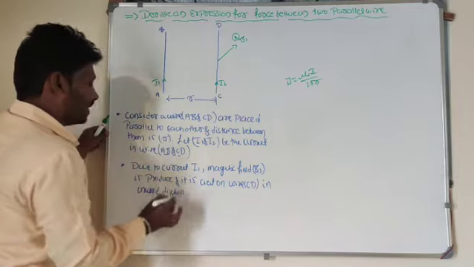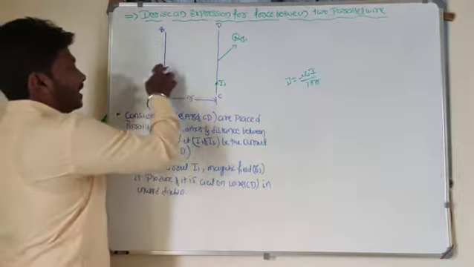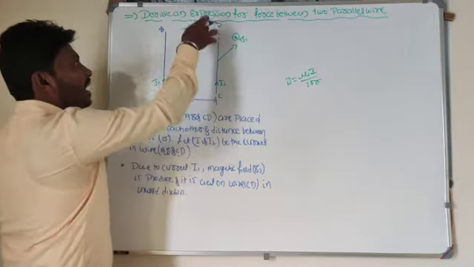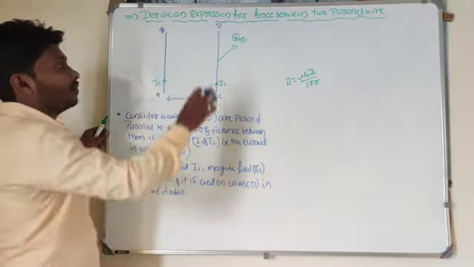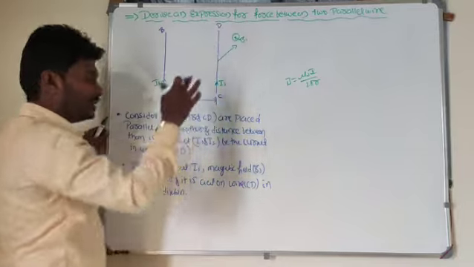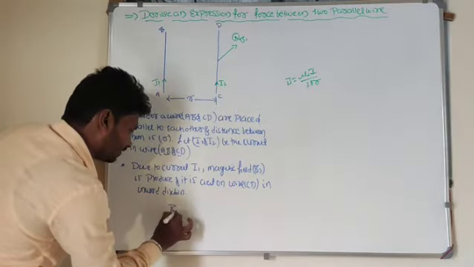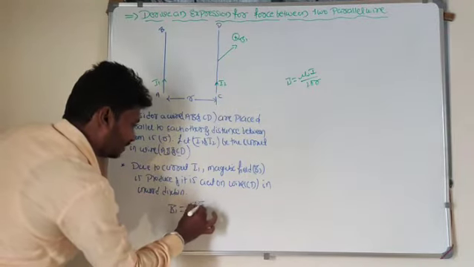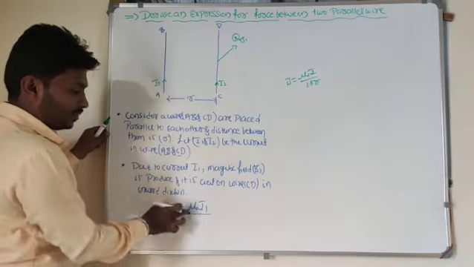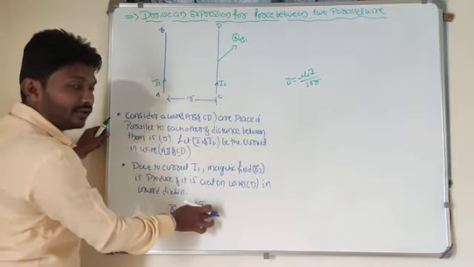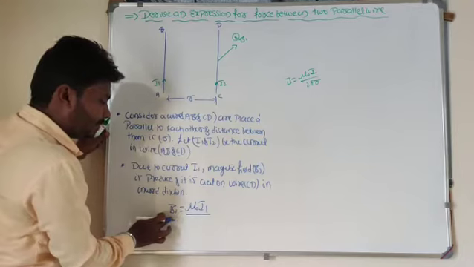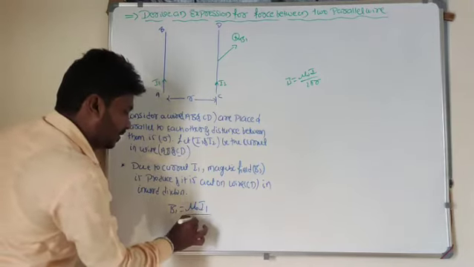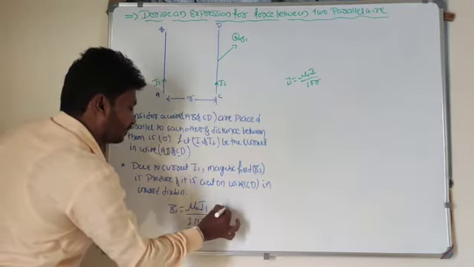From the right hand thumb rule, I come to know the direction of the magnetic field B1 acting on the wire CD. The direction is inward. This magnetic field I can write here: B1 is equal to, the magnetic field B1 exists because of the current I1, mu naught into I1 divided by 2 pi into R.